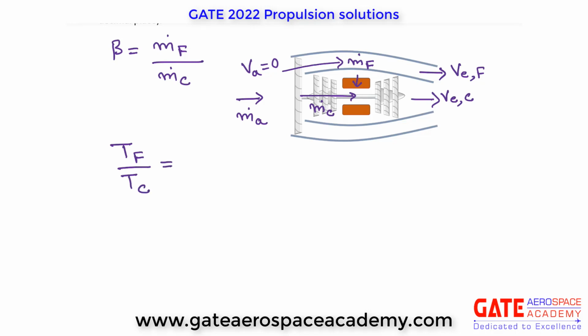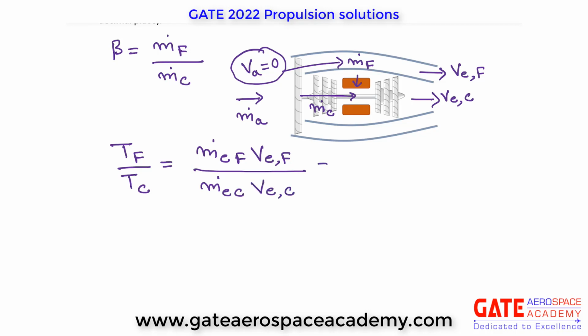That is equal to, thrust force is rate of change of momentum. So what is outgoing momentum? So outgoing momentum for bypass duct is m dot E capital F into V exit capital F minus incoming momentum, which is 0 because VA is 0, it is static test, divided by m dot E through core VE core.